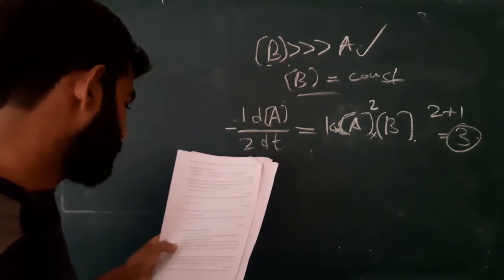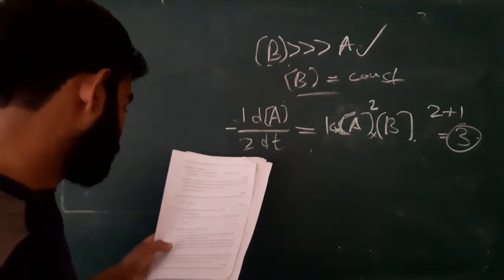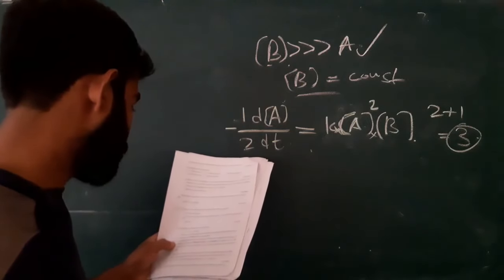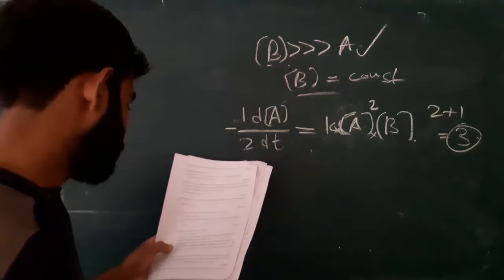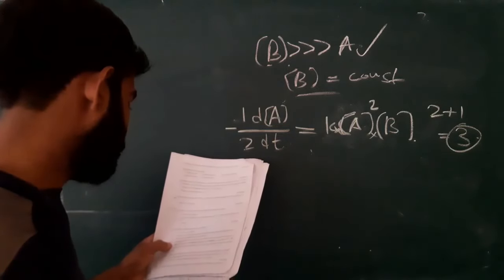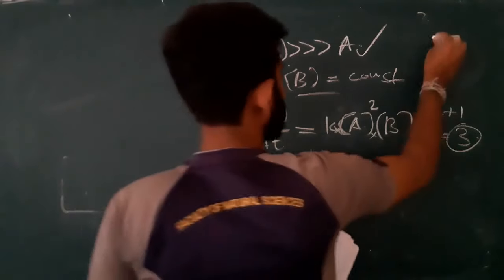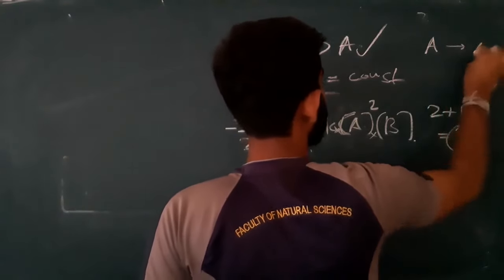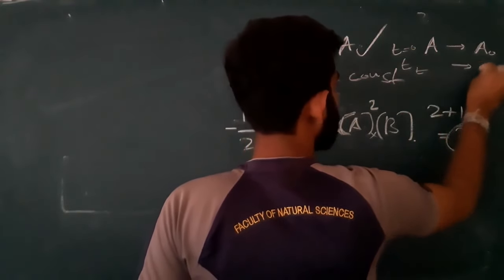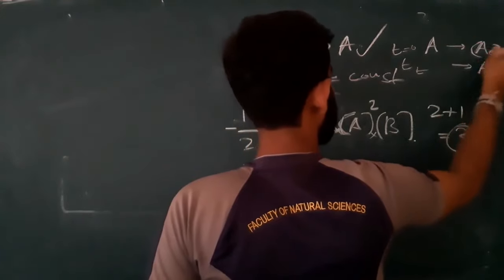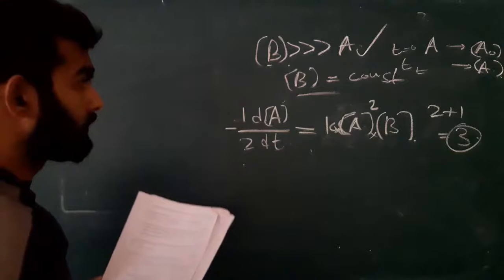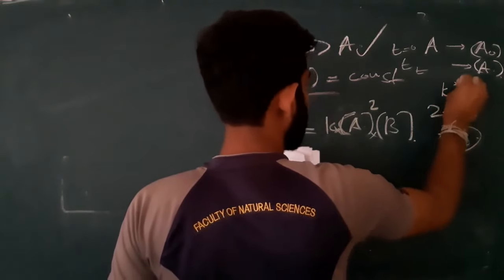We have to derive the integrated form for the pseudo rate constant K star of the reaction in terms of the concentration of A at time t, and its initial concentration is A0. The initial concentration of A will be A0 at time 0, at time t it will be A. And we have to get the pseudo rate constant K star.